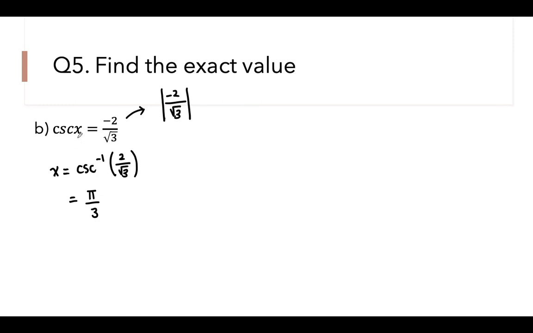Now, another thing, we know that cosecant is the reciprocal, 1 over sine. So when we're doing CAST, we have to look at where sine will give me a negative ratio. So sine is negative in quadrant 3 and quadrant 4.